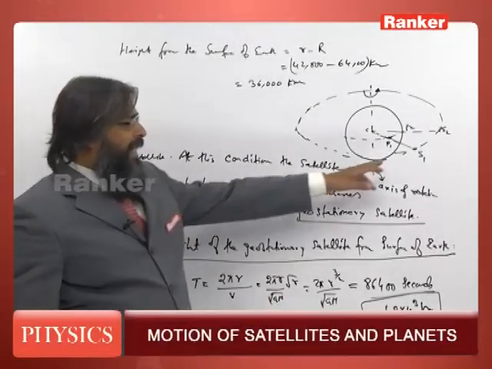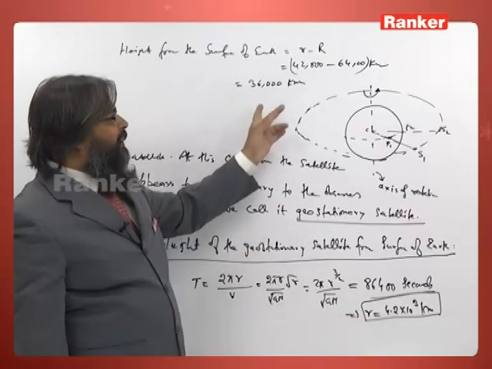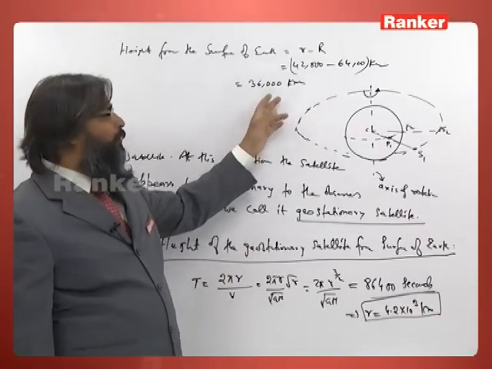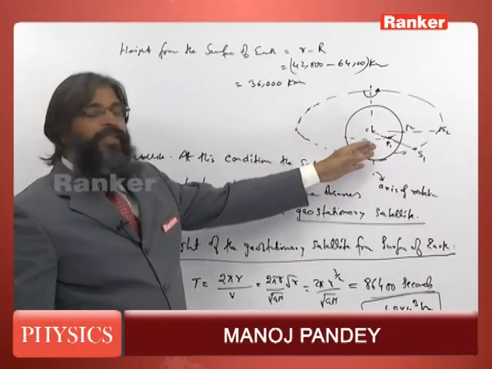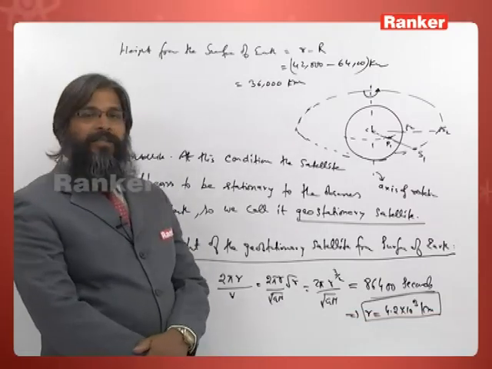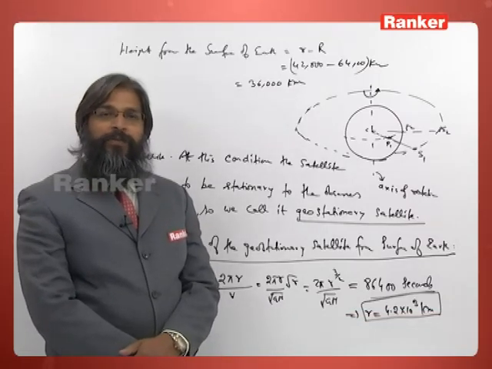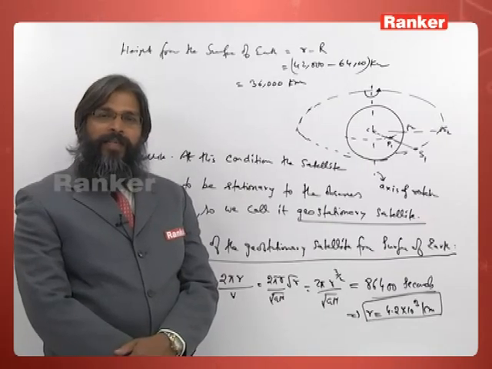So, this satellite is 36,000 kilometer, that is nearly 5 to 6 times the radius of Earth, above the surface of Earth. So, when a satellite is at this height, then it will appear to be stationary to any observer on the Earth.